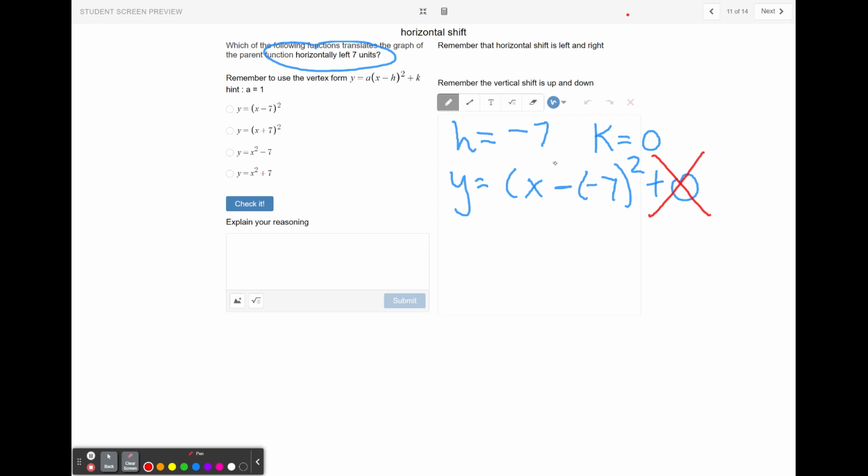We don't need that plus 0. And then minus a negative gets us a plus 7. So whenever you leave the equation or enter the equation, it's the opposite. So left 7 is really a plus 7 inside the parentheses. And you could explain that in your sentence as well.